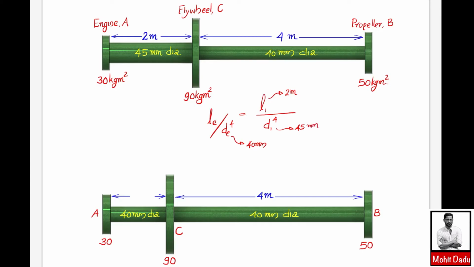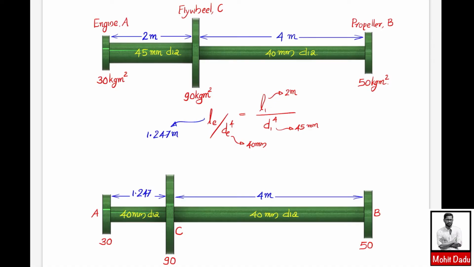If you substitute all these values in the correct units, you will get an equivalent length of 1.247 meters, and the remaining length will be 4 meters.